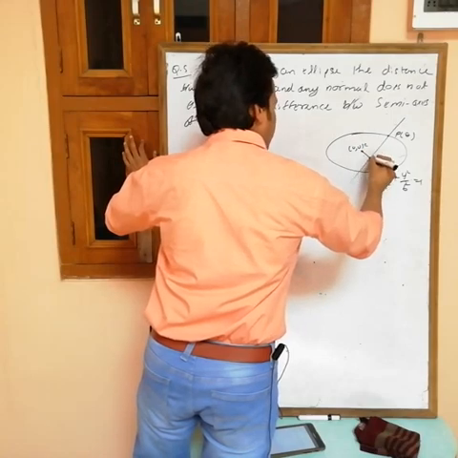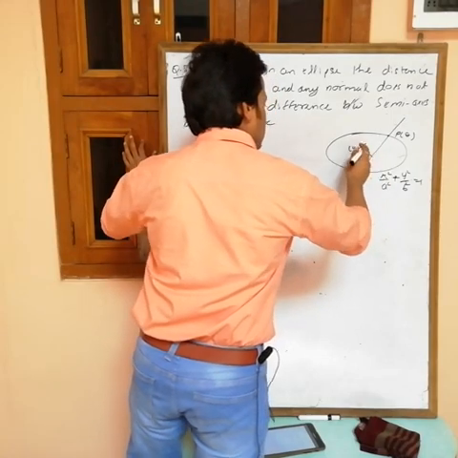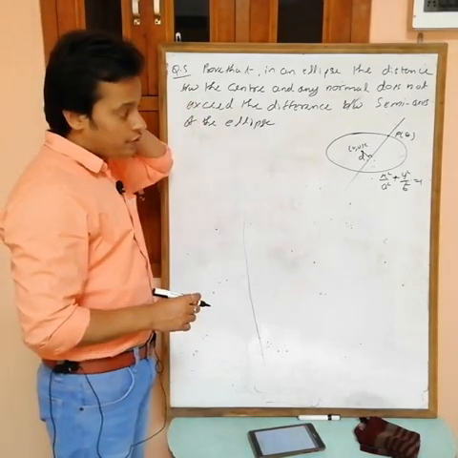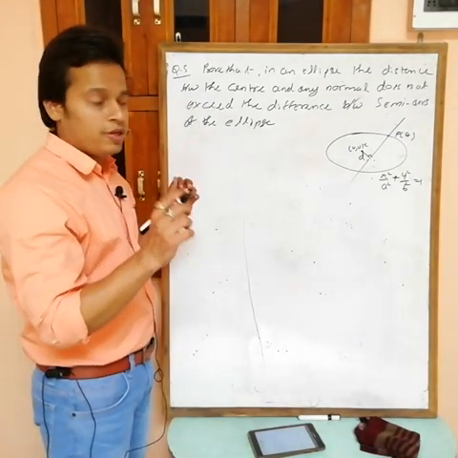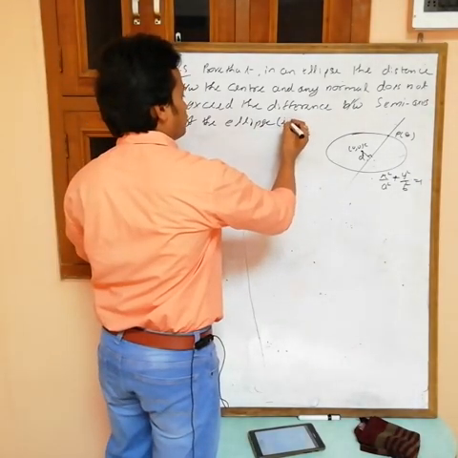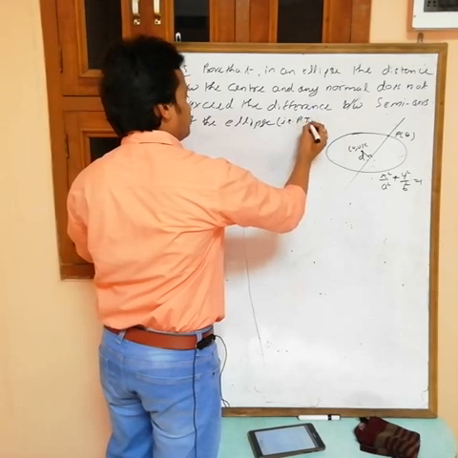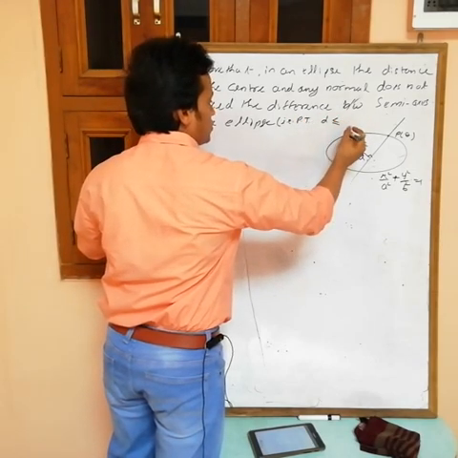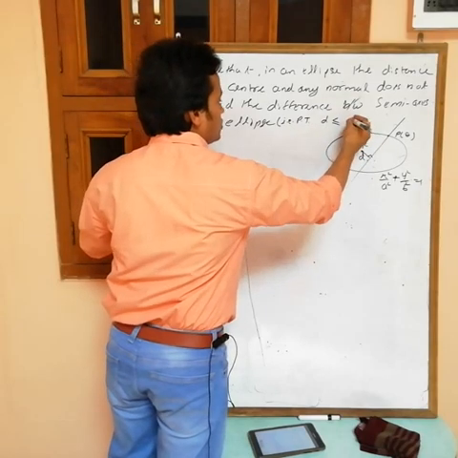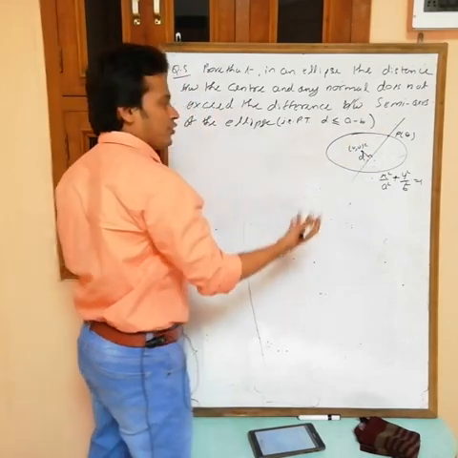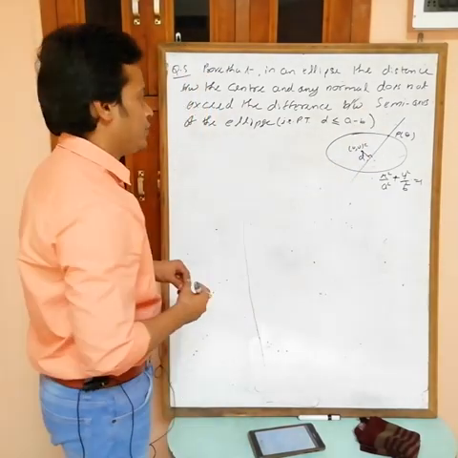Now we have to prove that the distance of the center from the normal can't exceed the difference of the semi-axes. It means prove that d is less than or equal to, can't exceed. So the maximum value of this one is a minus b, or mod a minus b, but if a is greater, then a minus b.